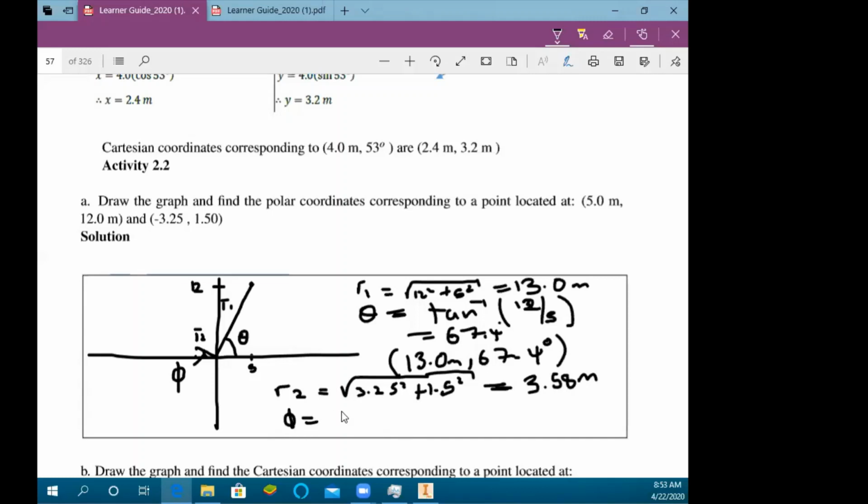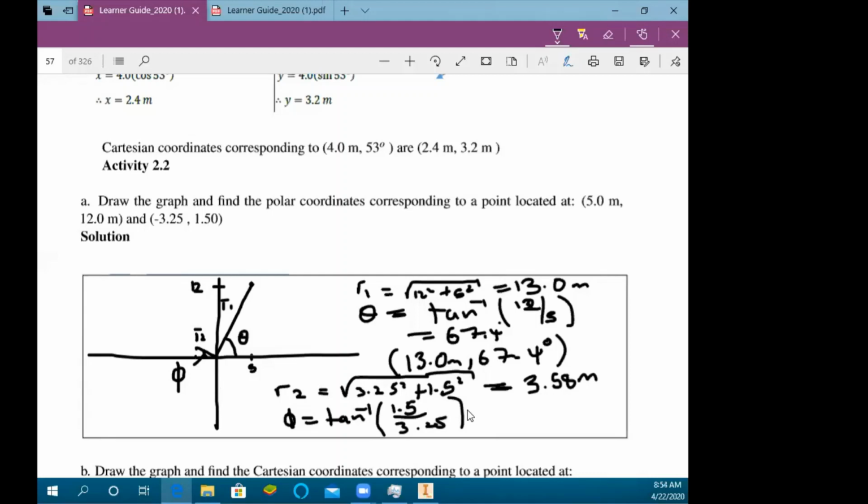Now let's go to phi. Phi again, we use arctan. What's the opposite here? This side, which is 1.5, over adjacent, which is 3.25, right? So it's negative 3.25.